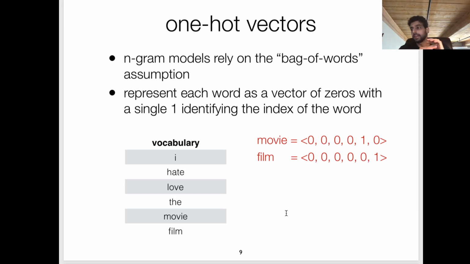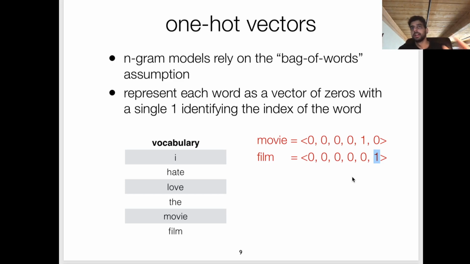I'm going to represent every word as a vector of zeros with a single one that corresponds to the index of that word. So if I had a toy vocabulary of 6 words: I, hate, love, the, movie, film, I might represent the word movie as 000010, where the 5th dimension corresponds to the word movie. And I might represent film as 000001, where if this last dimension is 1, that means the word is film. And so I might represent a phrase by adding these vectors together.